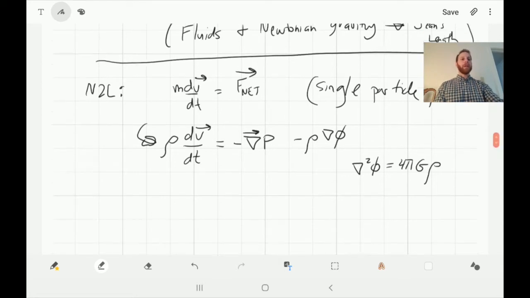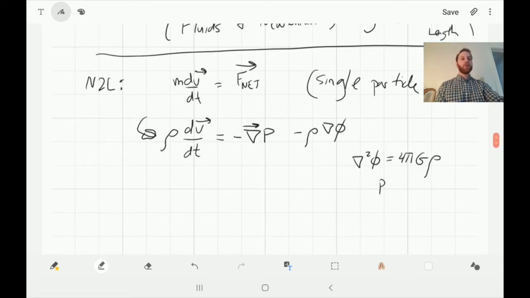You might call this Poisson's equation. And it really has the same form as Coulomb's law, del dot E is equal to rho over epsilon naught, something like that. And E is minus the gradient of the electrostatic potential, but here there is not a minus sign there. Well, at least there's an extra minus sign, perhaps you could say, because gravity is an attractive force. But anyway, that is the relationship.